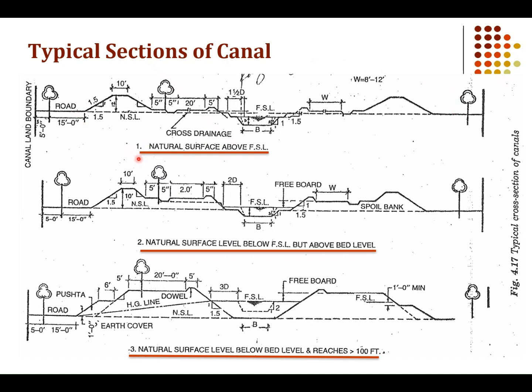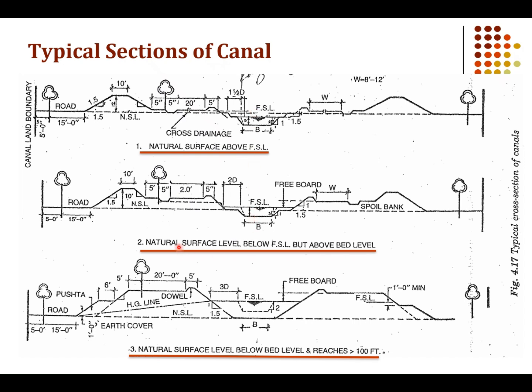Now there are three scenarios. One is natural surface below the full supply level. You see here, this dotted line is the natural surface. And it says natural surface above full supply. Full supply is right here, and the natural surface is right here above.